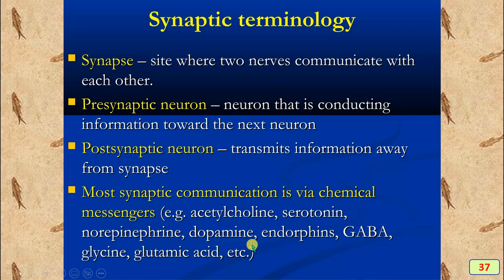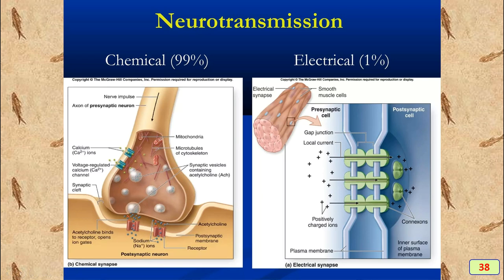So there are many types of neurotransmission. Chemical neurotransmission happens 99% of the time, whereas electrical neurotransmission is only 1%. The chemical neurotransmission is also called the neurochemical synapse. So the nerve impulse comes from the upper part of the nerve, and the axon of the neuron is coming.